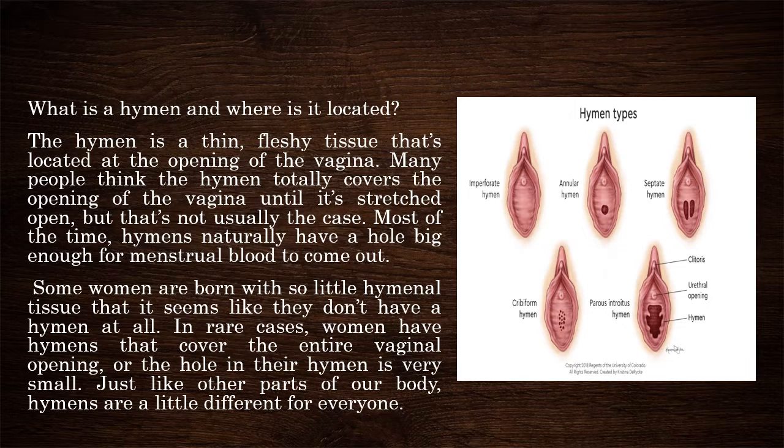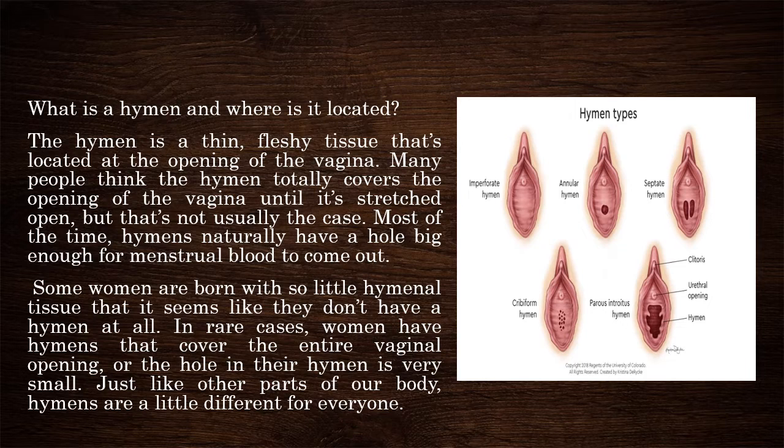As you can see in this picture, there are 5 hymen types. We have the imperforate hymen, which totally covers the vaginal opening. We also have the annular hymen, which has a single hole in it. We have the septate hymen, which has 2 elongated holes.